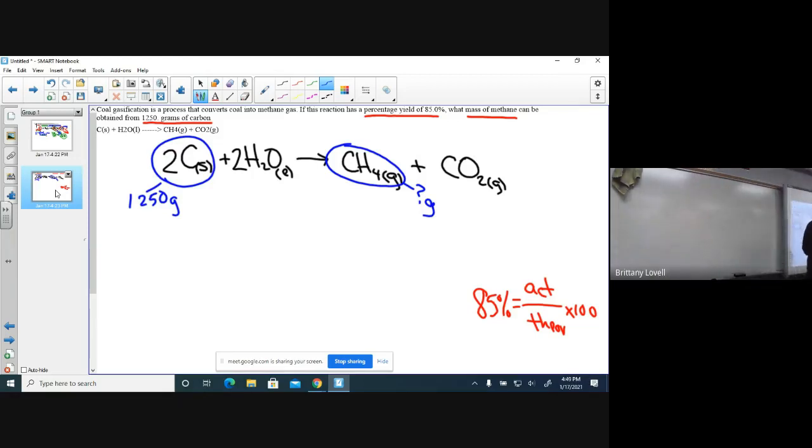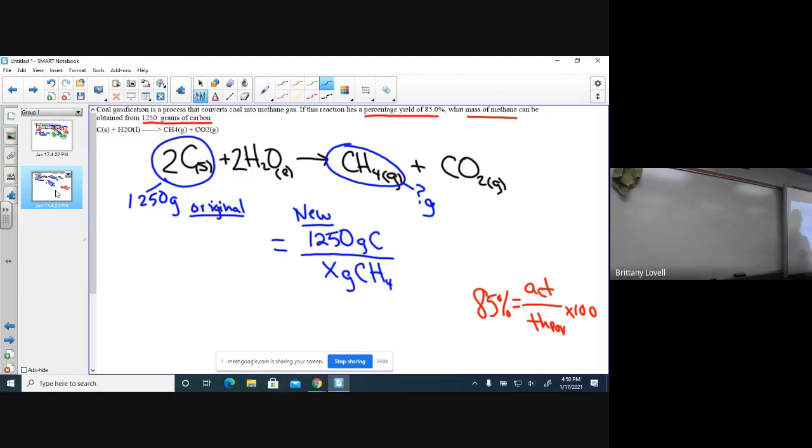I'm going to set it up using my known over my unknown. So my new information tells me that I've got 1,250 grams of carbon, right? Over, I'm looking for my X grams of CH4. That's my new information.